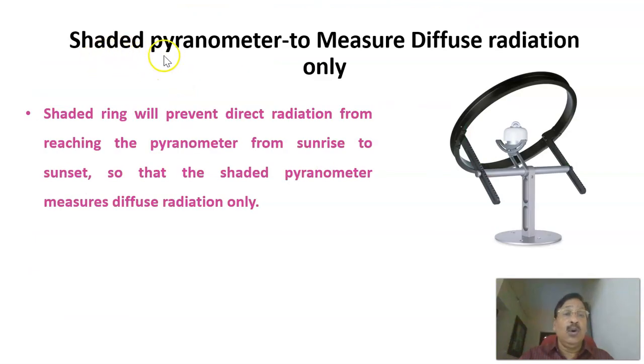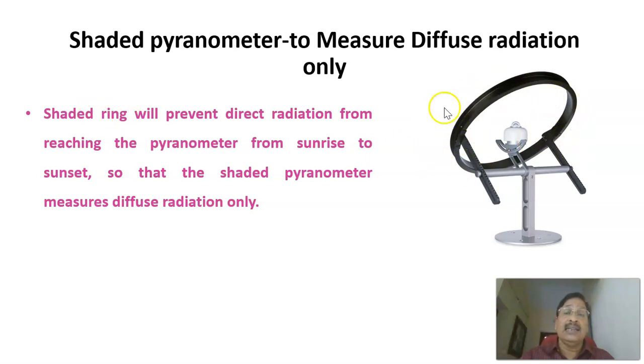There is a modified pyranometer that we call a shaded pyranometer, that measures diffuse radiation only. It does not measure direct radiation. Therefore, a shielding like this one is provided, called a shaded ring.